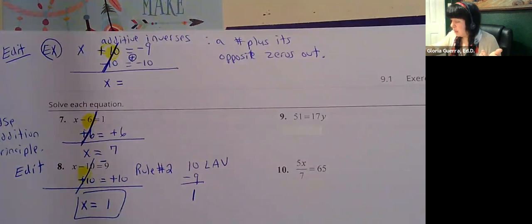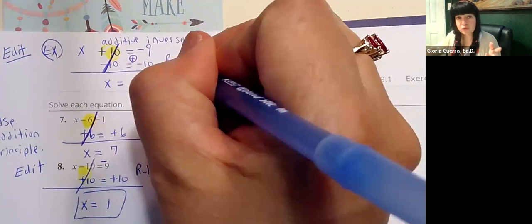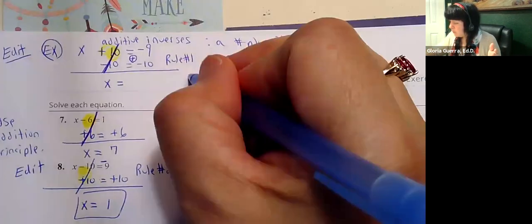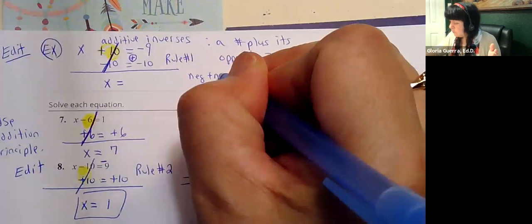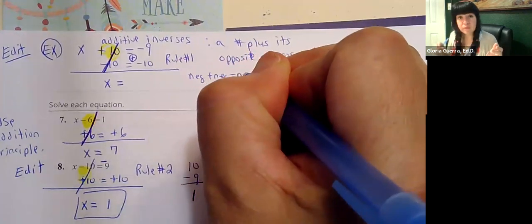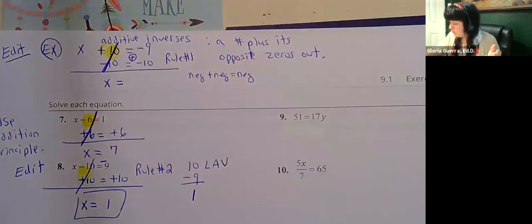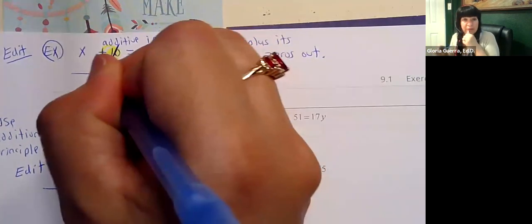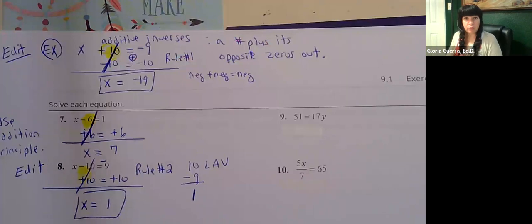That would be rule number 1. You're adding 2 negative numbers. Remember, a negative plus a negative is a negative. And that gives you -19. So that gets to practice rule number 1. Okay. All right.